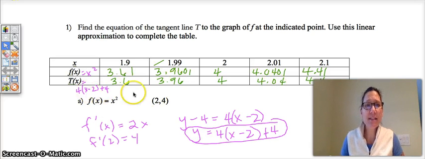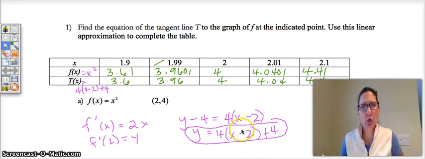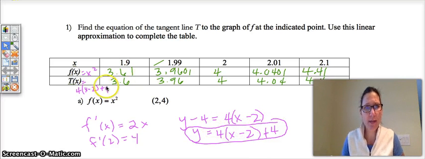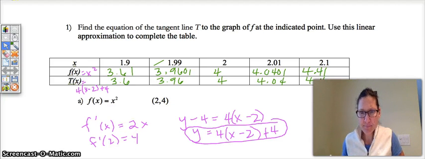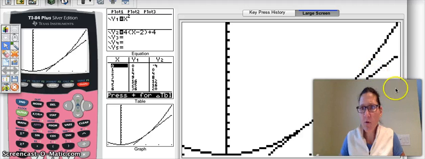Because if I use the same tangent line and calculate the value when x is 4, look at my graph over here: 4 is up here on the function, and the y value on the tangent line is all the way down here.